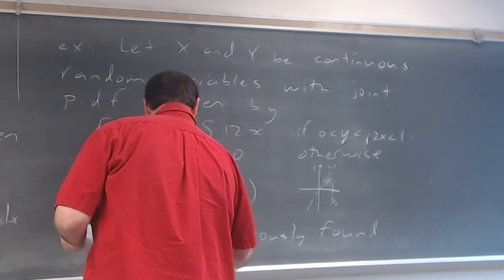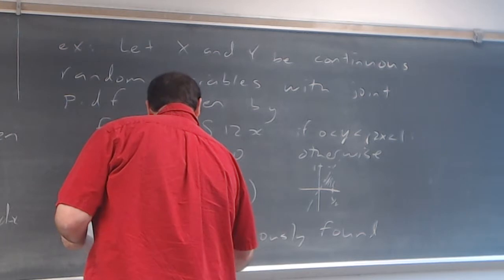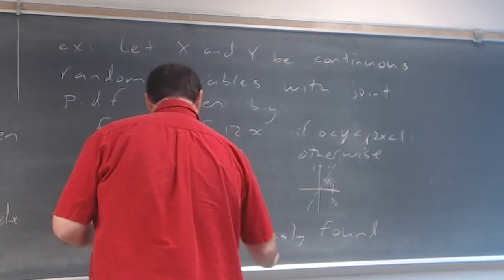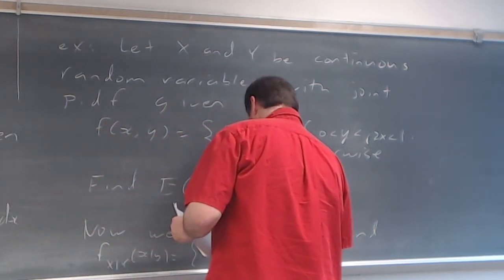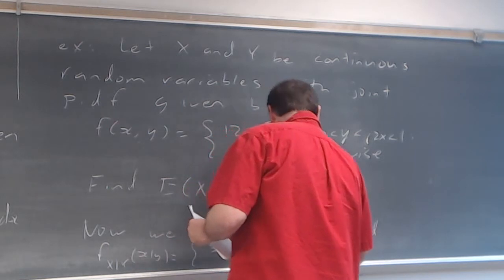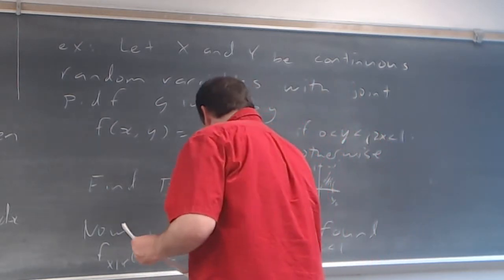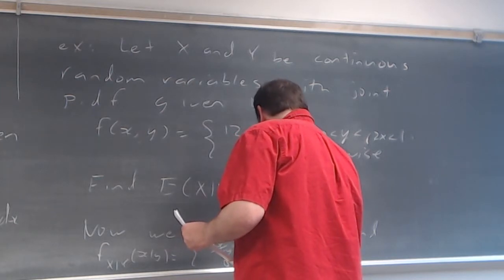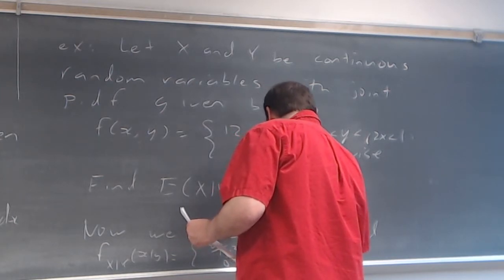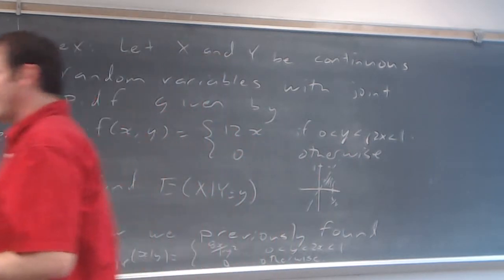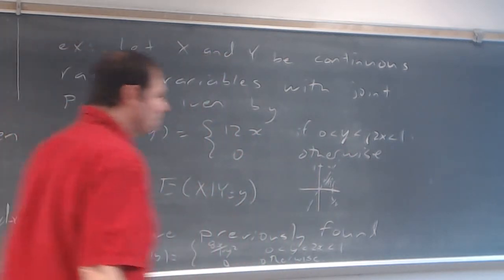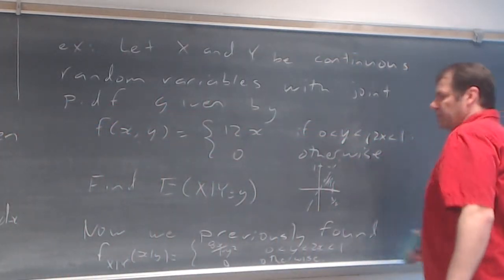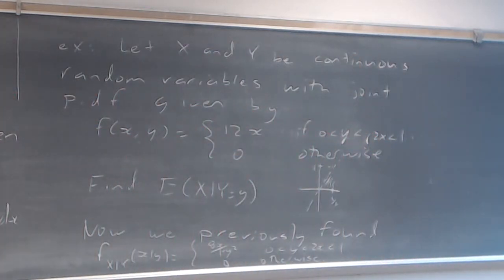It was 8x over 1 minus y squared if we had 0 is less than y is less than 2x is less than 1, and it's 0 otherwise. Okay, that's what we have. And so we'll use that in computing the conditional expectation.